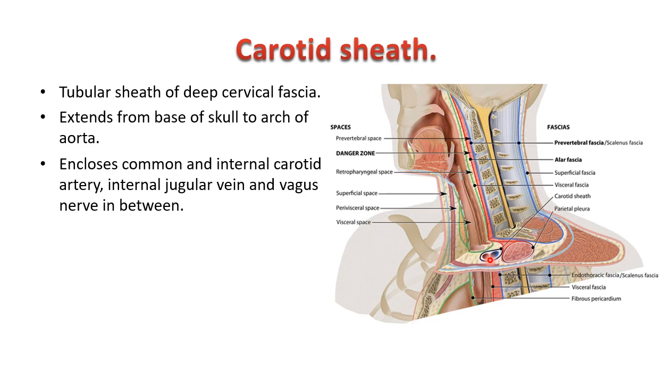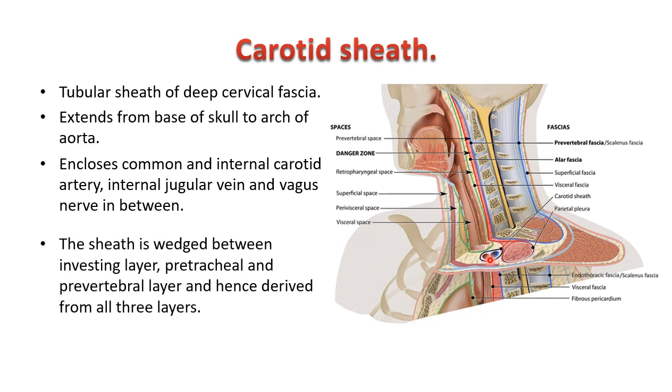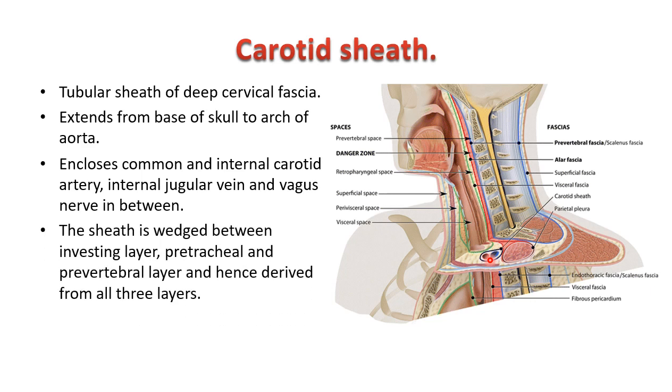External carotid pierces the fascia and comes out. Okay, so if you look at the sheath, it is actually wedged between the layers. You are able to see that is the pretracheal layer, and that is the investing layer, and posteriorly you see the prevertebral layer.